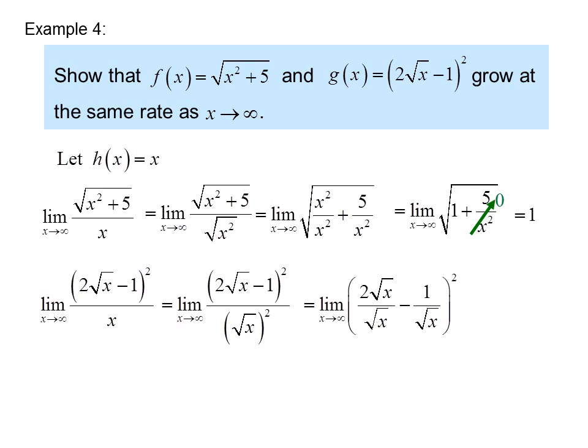We can separate this fraction. Cross out the radical x's on the left, and the second term goes to 0 as x approaches infinity. So we get 4.